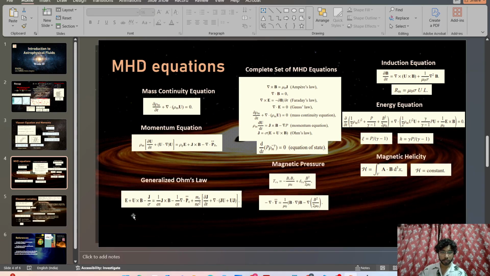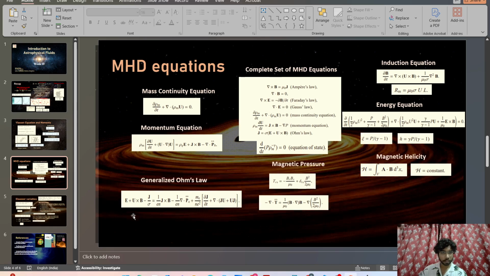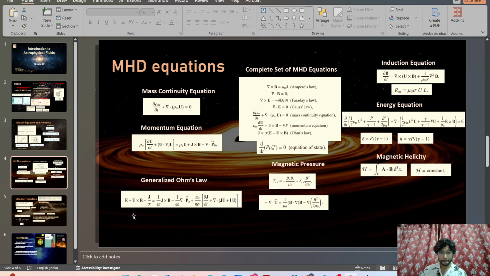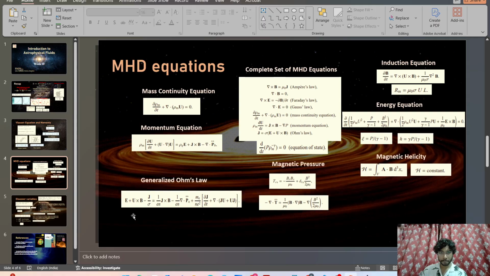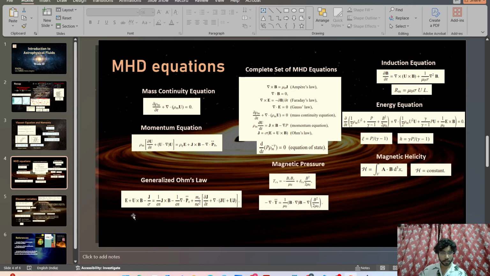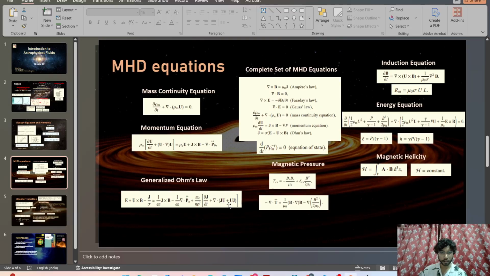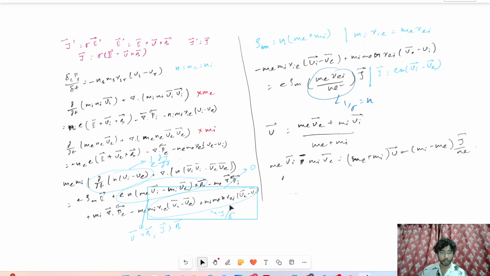What else? So we just need this term, del dot Ju plus Uj, which will basically come from this term. Let's just show it once.